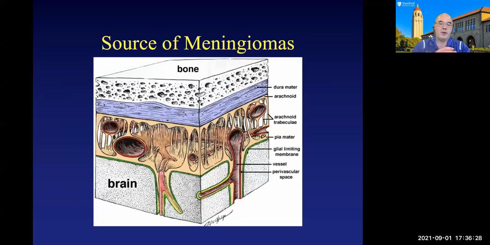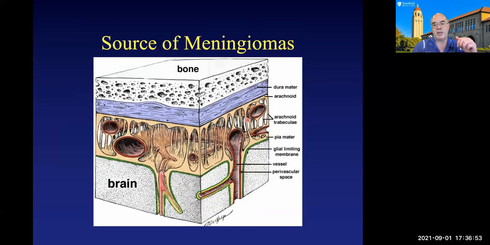Before we talk about the 8 types, I just want to talk about one slide of where meningiomas develop. This is a cross section of a skull, followed by the meninges, followed by the brain. Here's the bone on the top. There's a fibrous layer called the dura, which is this blue layer here, and the brain is down here.